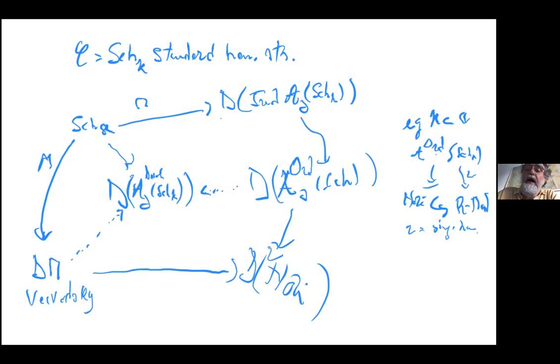And so what I expect is a weaker conjecture, that DM is in fact fully faithful inside the D of some A dual of schemes, which is a weaker conjecture.